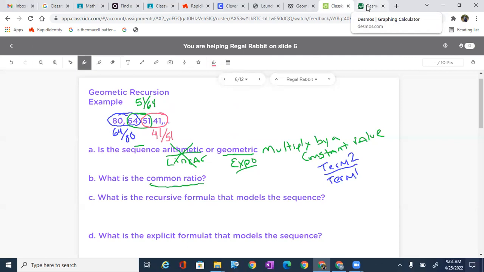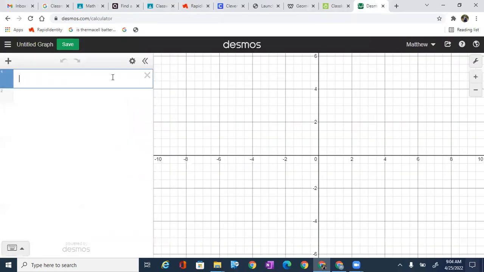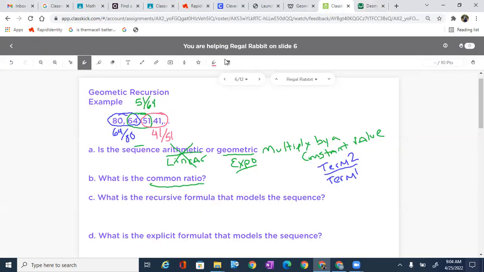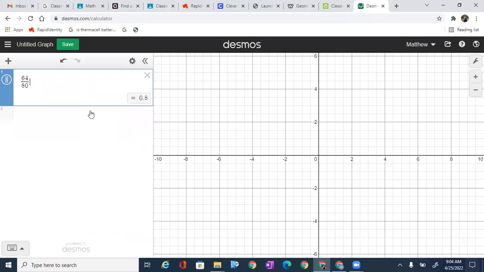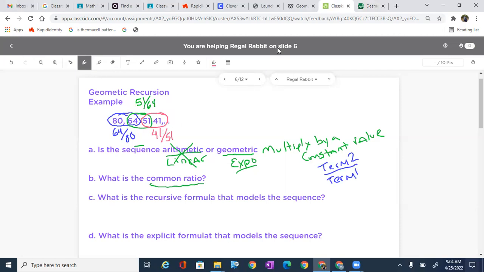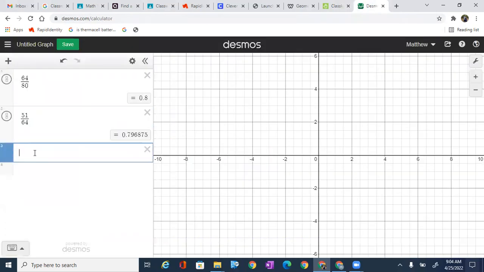So let's go ahead and type this in. We have 64 over 80. 64 divided by 80, we get 0.8. Let's go back. We get 51 over 64. So 51 divided by 64 is 0.7968. That also rounds to 0.8. And let's do 41 over 51.